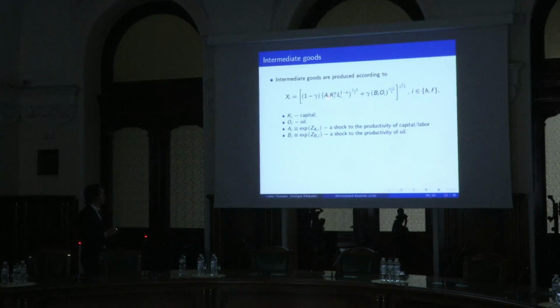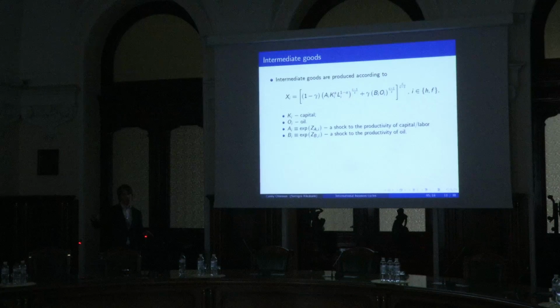Now, as I said, A and B are shocks here, or strictly these sets are shocks. And they are factor specific. That means that this A will affect the capital-labor efficiency, and the B will affect the energy efficiency. So in the other paper, we measure these A and B over time.